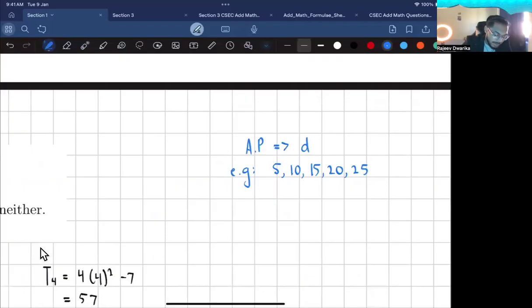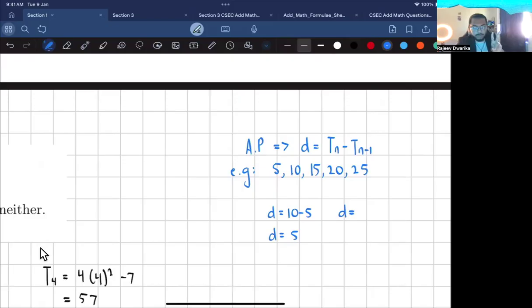So to find D, the formula is Tn minus Tn minus 1. Javon, all that means is you're taking the second term and subtracting it from the third term, and so forth. So if I wanted to find the common difference, I could say 10 minus 5. What is 10 minus 5? 5. Okay.